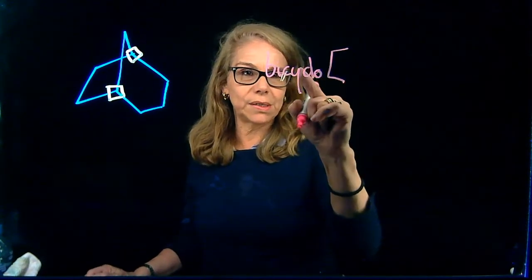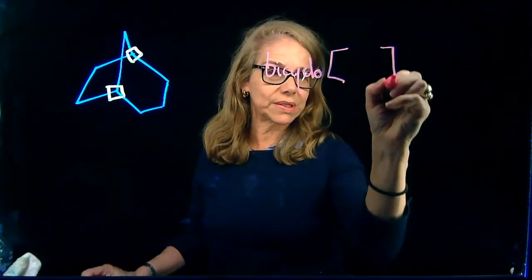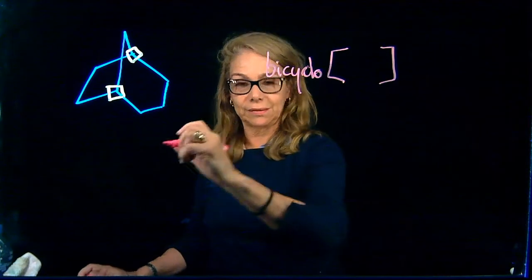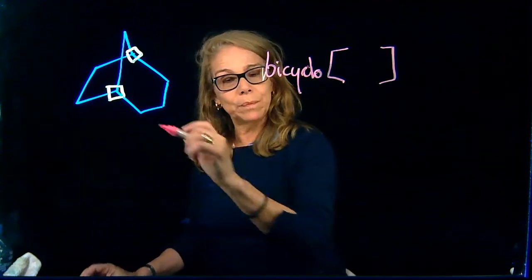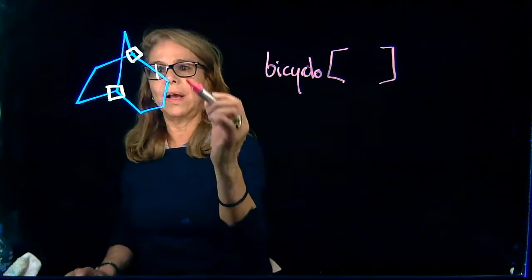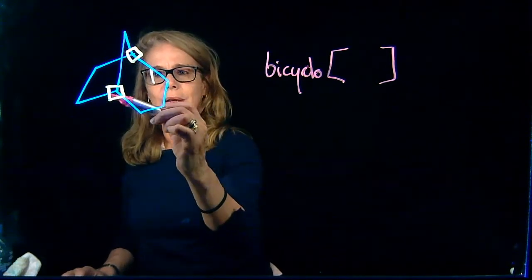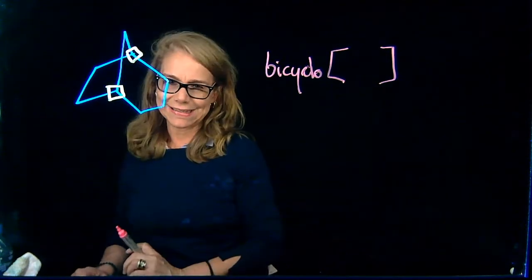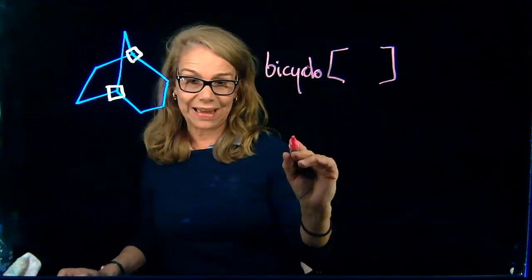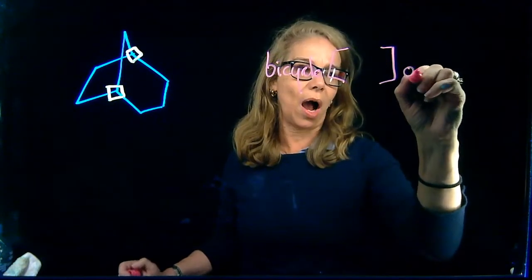Then we need to put something here in the brackets to say how these cycles are connected. But the parent chain here needs to say how many carbons we have. So here you have 1, 2, 3, 4, 5, 6, 7, 8. Because you have 8 total, we say bicyclo, something here, and then octane.